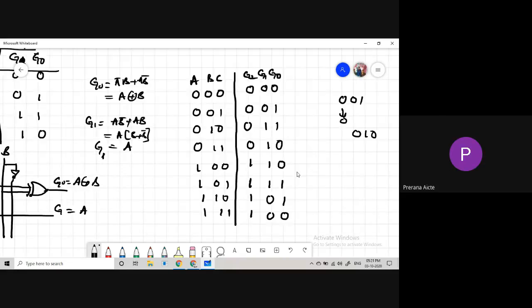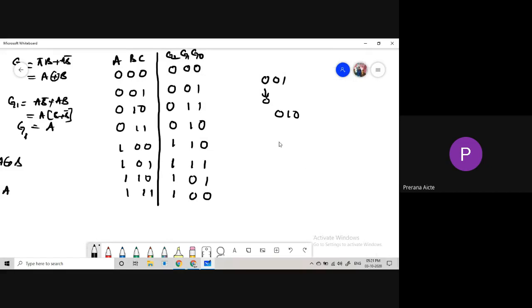So for this, we need the expressions of G0, G1 and G2. For this, we are using which method? K-map method, yes, sir. For G0, one K-map is required. Is that K-map 3 variable, 4 variable or 2 variable? 3 variable K-map only. Why? Because the input consists of only 3 variables.